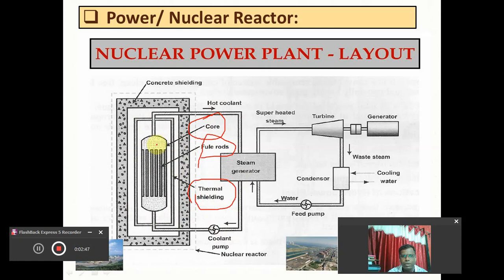The energy obtained is passed through this pipe, which has the coolant, through the steam generator. The steam is passed to turbines, and from the turbines to the generator, where it is used to generate electrical energy.